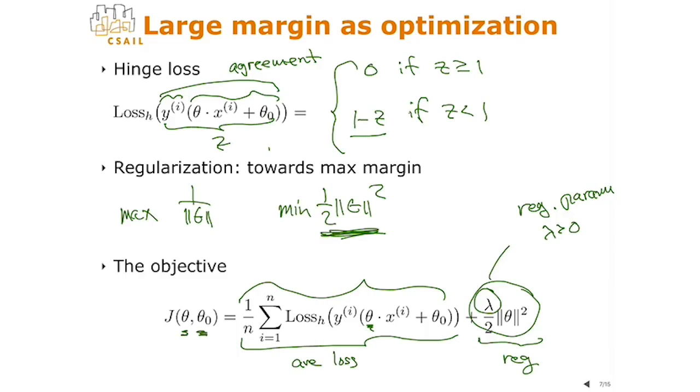If the regularization parameter is very small, we favor correctly putting the examples outside the margin boundaries, potentially at a cost of keeping the margin boundaries closer to the decision boundary. Optimal value of theta and theta naught is obtained by minimizing this objective function. So we have turned the learning problem into an optimization problem.